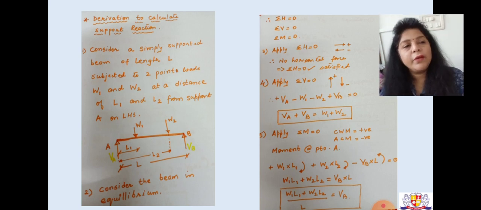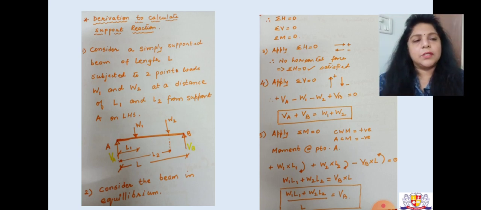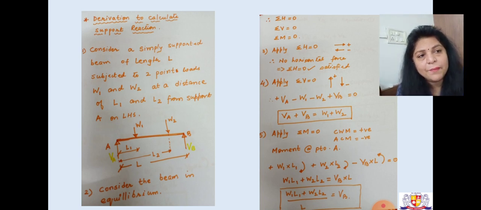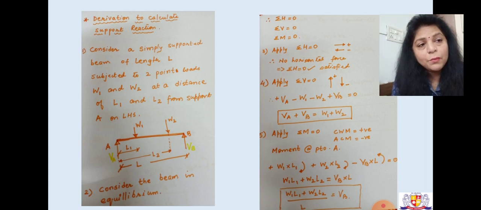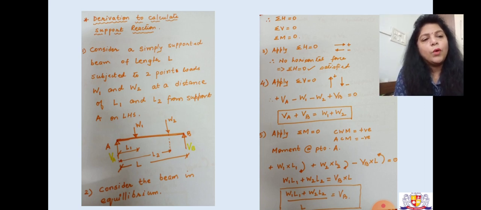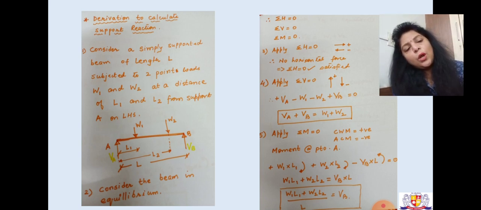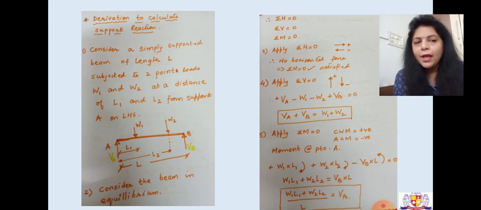Okay, now we come to apply our third condition of equilibrium. And what does the third condition of equilibrium say? That sigma moment is equal to 0. Now for sigma moment equal to 0, we have to consider the sign convention as clockwise moment positive and anti-clockwise moment negative.